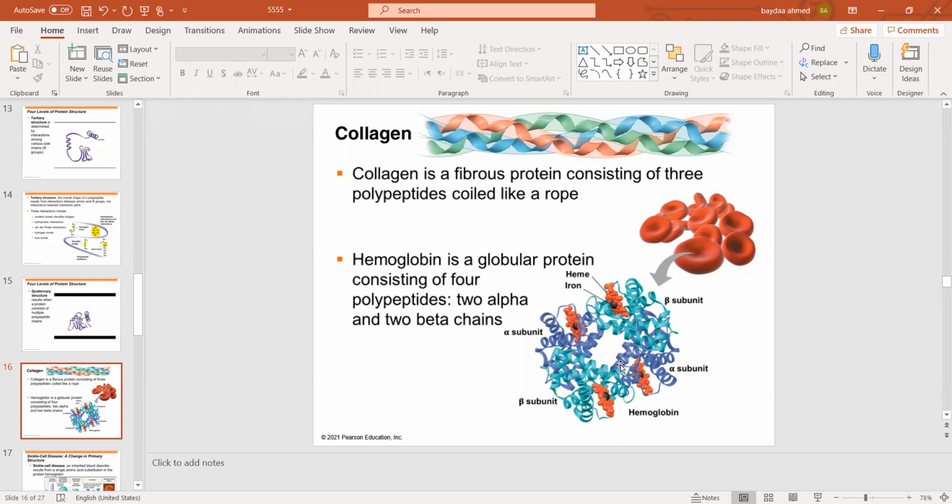Both alpha and beta subunits consist of alpha helical secondary structure. Each subunit has a non-polypeptide component called heme. Each heme has an iron atom that binds oxygen.